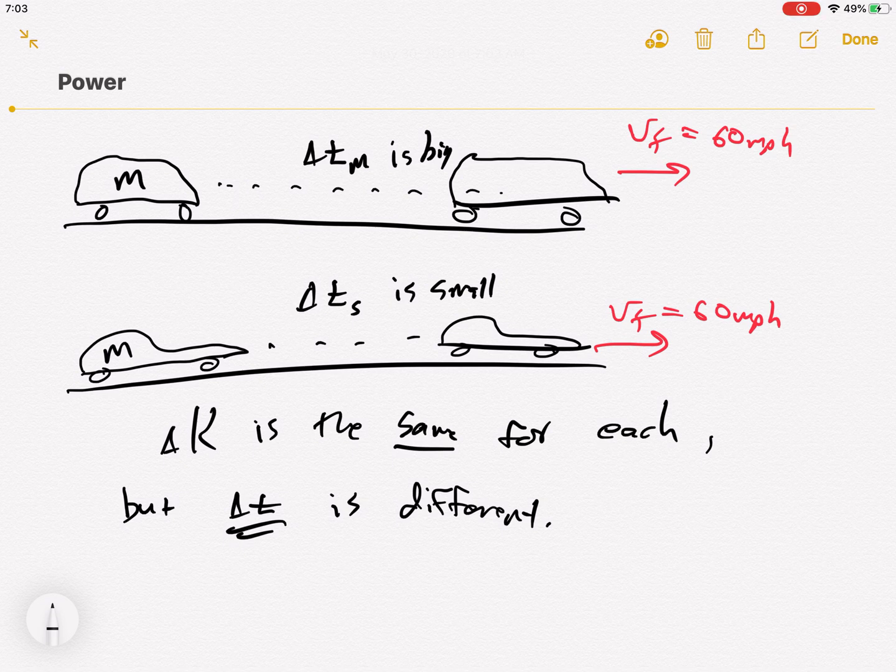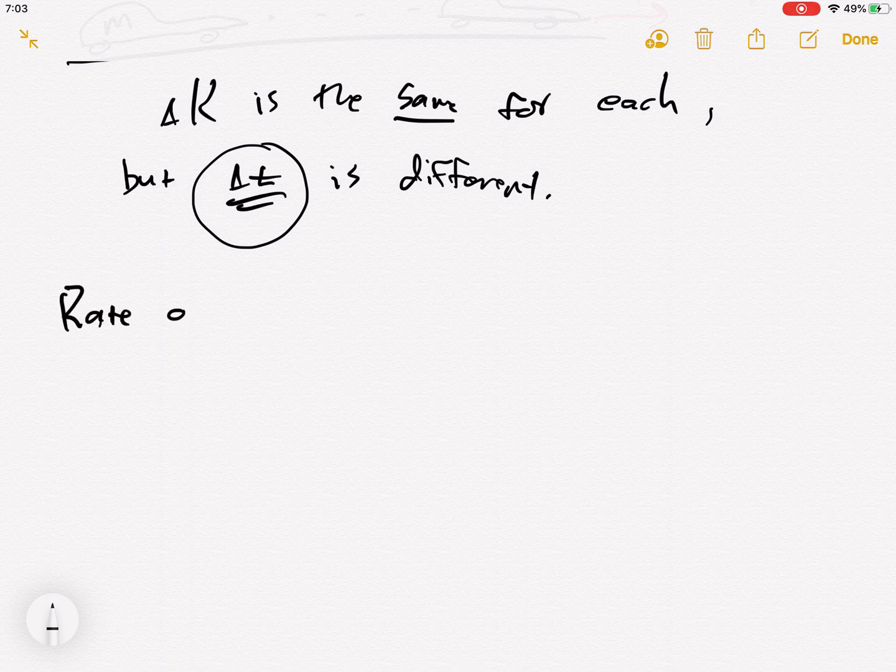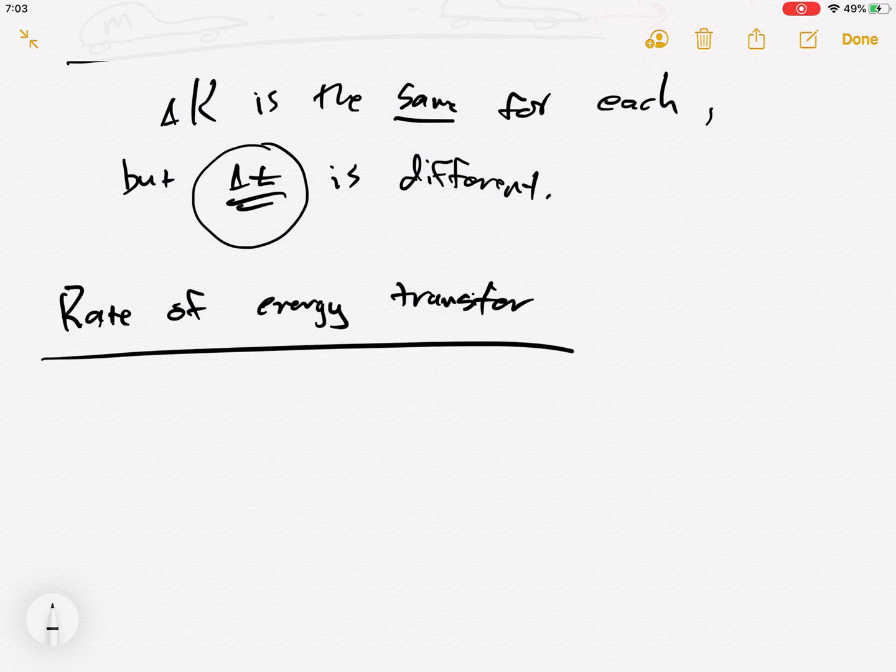Well, the answer is this is a rate, right? If we're talking about a delta T, then we're talking about a rate. So a rate of energy transfer, right? Either energy usage or energy absorption. Rate of energy transfer is something we call power.